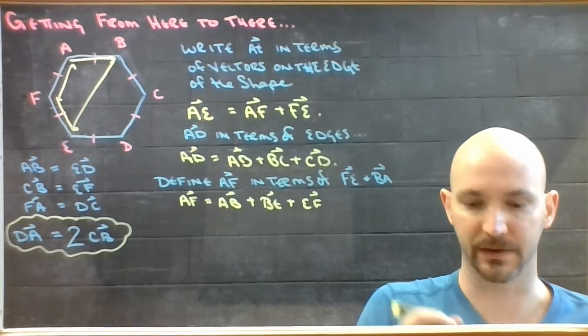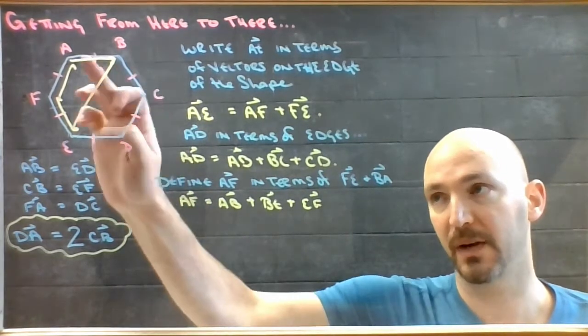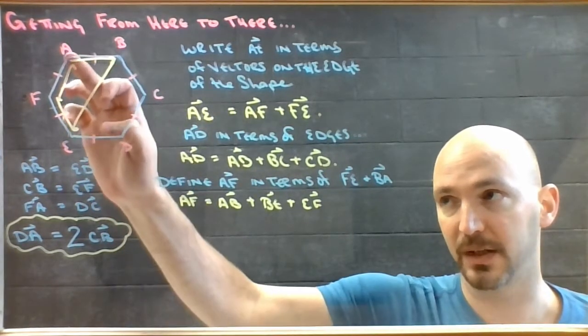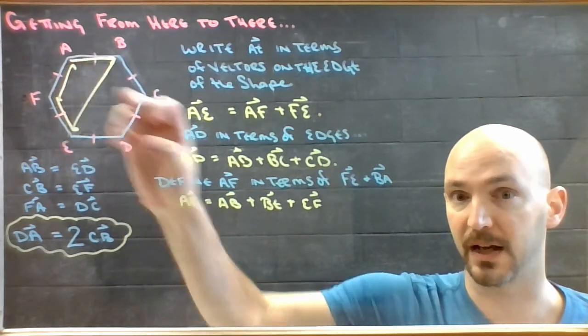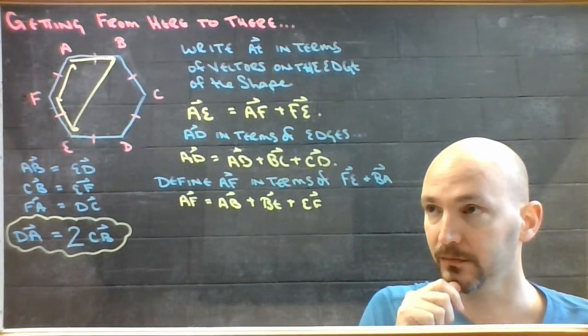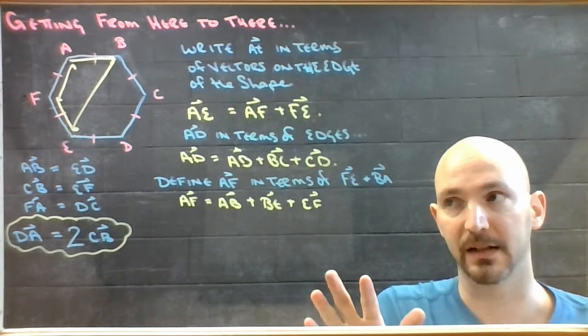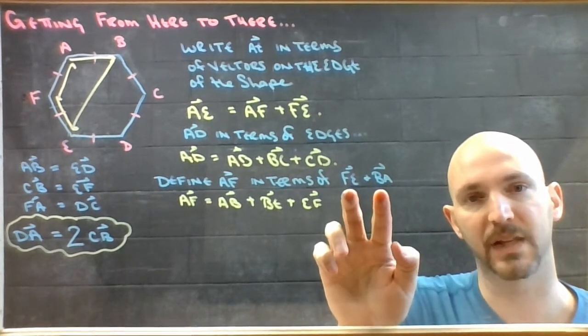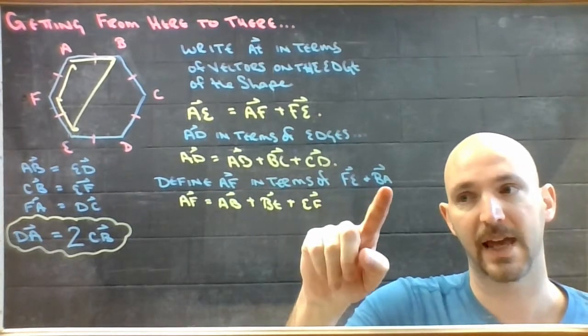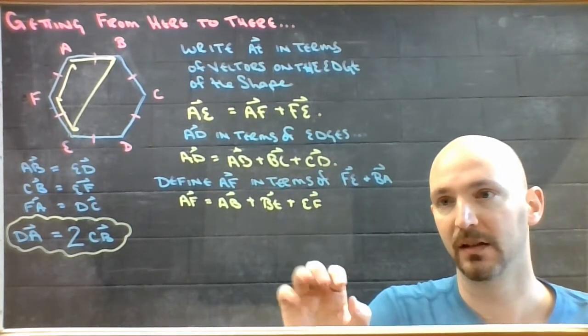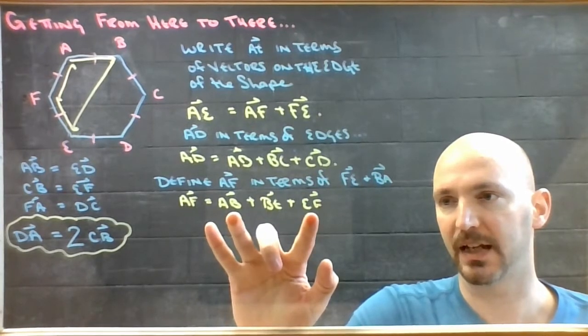Okay, good. So here's my loop, A to F, to get from here to here, I can do it that way, or I could walk around this funny path. So if I do that, I'm going to look back and see what I was asked to define this in. I was asked to keep FEs and BAs. Well, I have an AB and I have an FE.